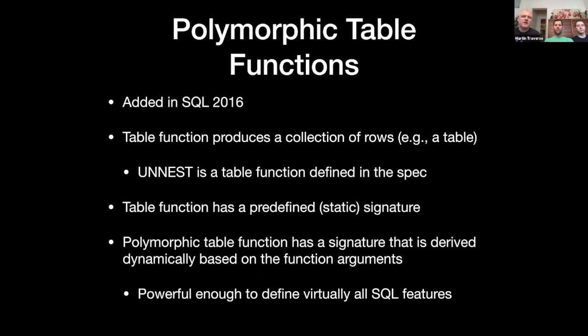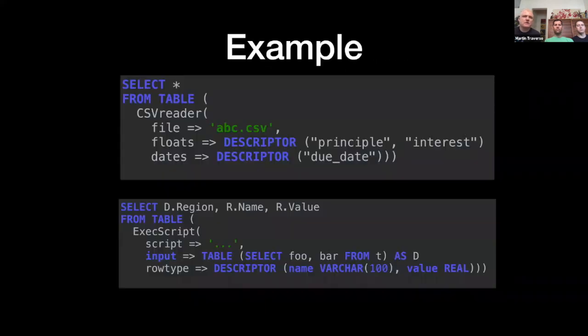And it's unbelievably powerful. It's powerful enough that you could actually describe all the features in SQL, like joins and aggregations and things like that, through this one abstraction. So I'm just going to give some examples.